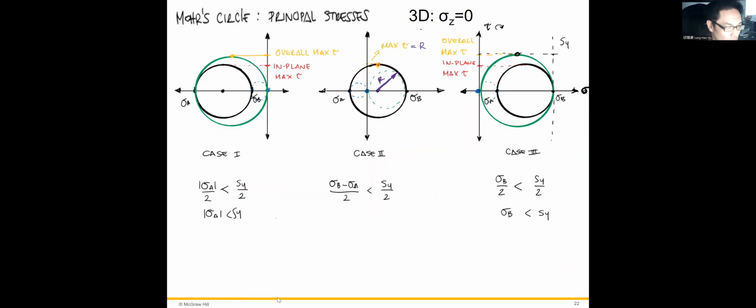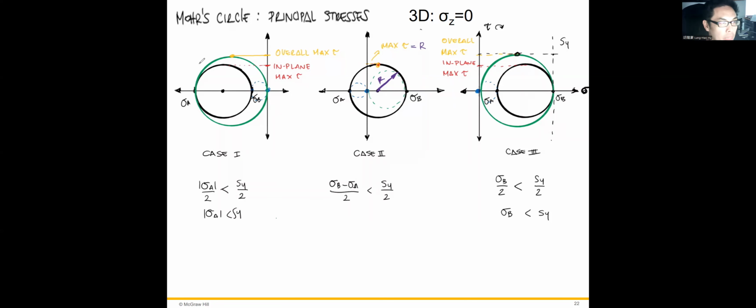We will discuss three different cases. If you still remember what we learned from the Mohr circle for brittle materials, it's almost the same.